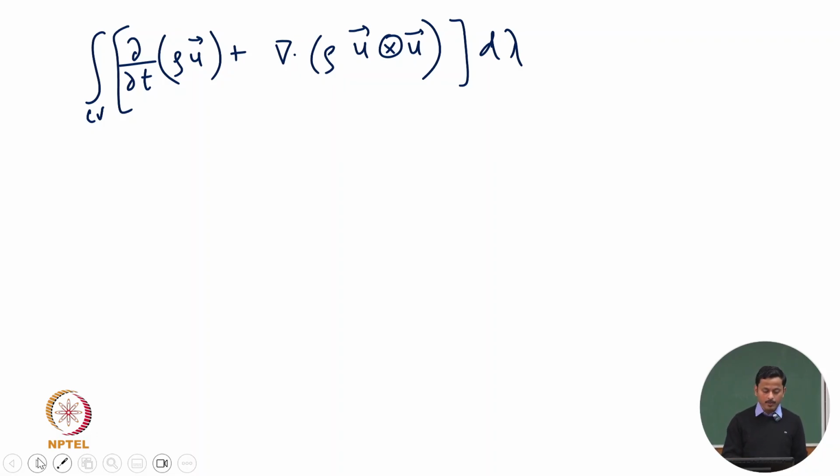So the divergence operator reduces the rank of a tensor by 1. So this is a tensor product, and this gives rise to a second order tensor. And when the divergence operator acts on this product, it brings it down to a vector.